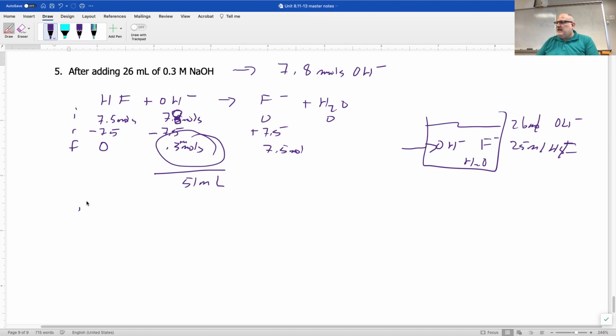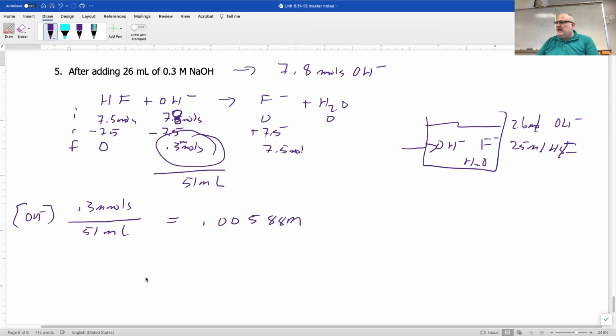So I take my 0.3 millimoles of my big dog OH minus and divide by 51 milliliters, and I end up with a concentration of 0.00588 molar. That's pure OH minus.